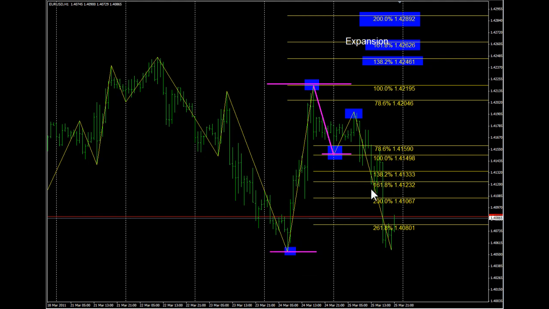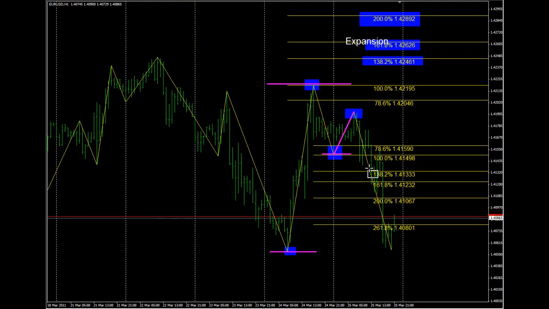Okay, now the same thing can be applied for this expansion. We're taking the range of the smaller swing, this swing. Now let me delete that one so we don't get confused. We're taking the range of this swing, and we're expanding it beyond the range of this swing. Okay, and that's what we get.